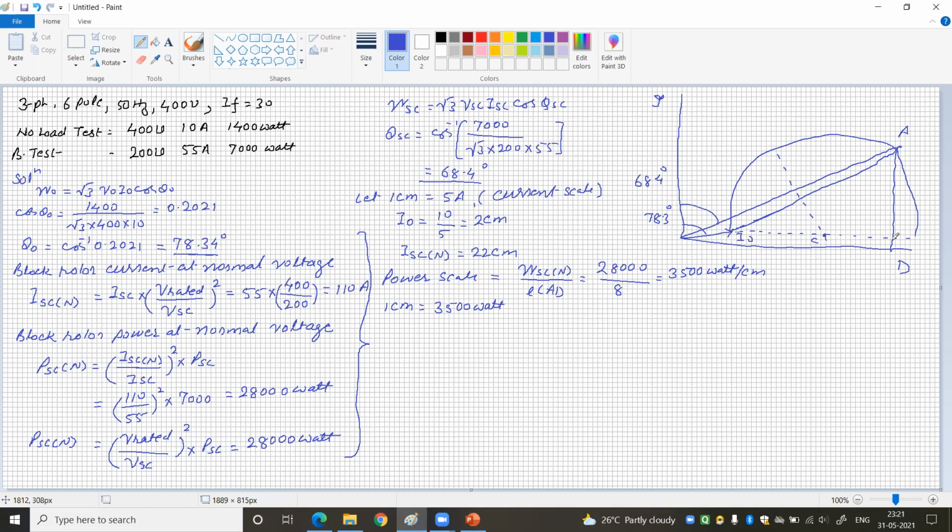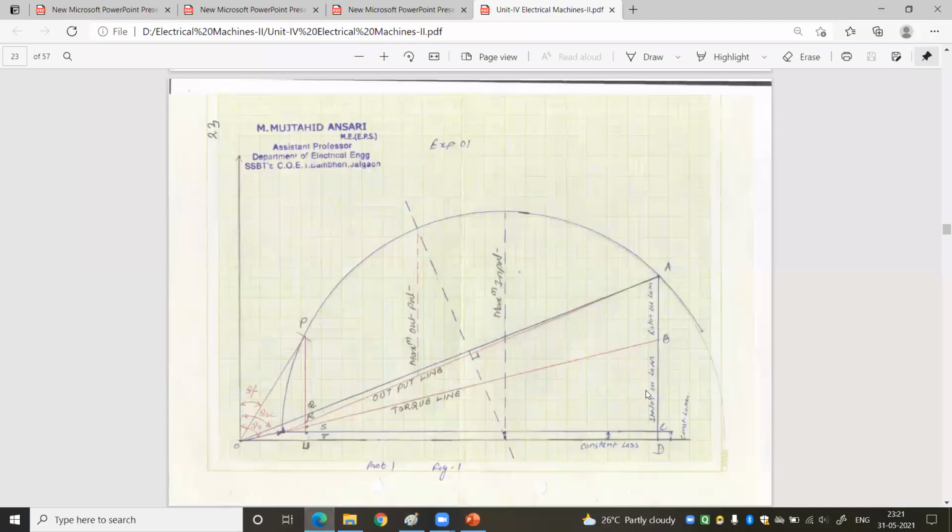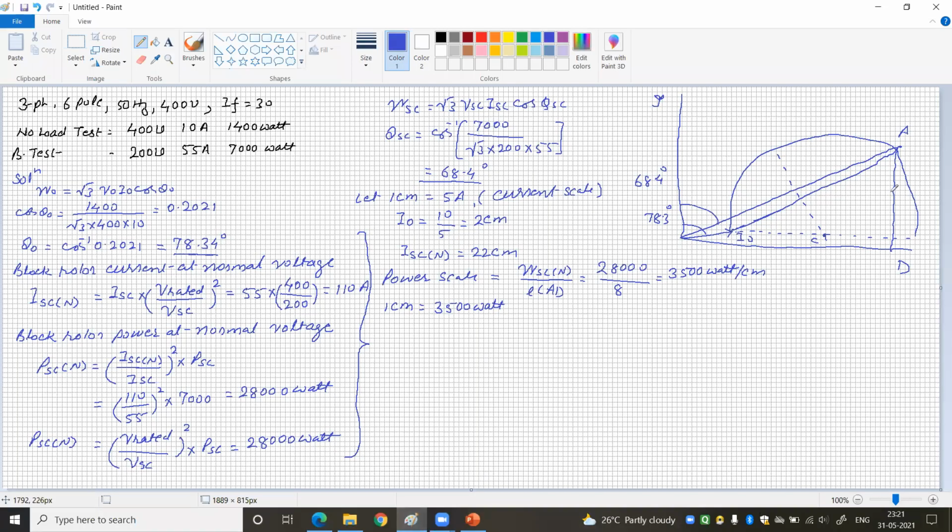Now the location of point B, between A and C. B divides the stator copper loss and the rotor copper loss. The stator copper loss is 60%.